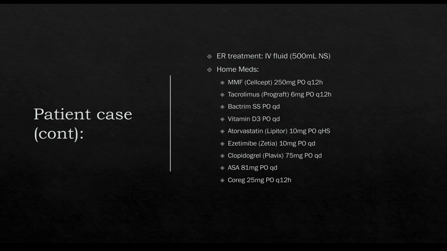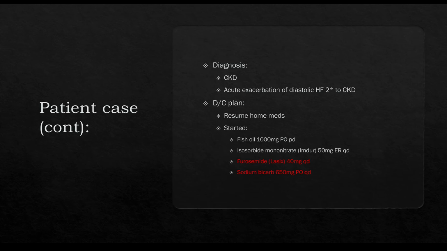In the ER, they gave her IV fluid, 500 ml of normal saline. This is her home meds list. The diagnosis at the ER is CKD, acute exacerbation of diastolic heart failure secondary to CKD.